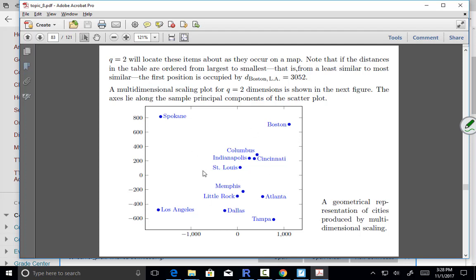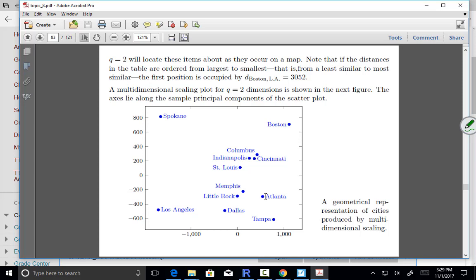If you look at the picture, it looks an awful lot like the U.S. map. Boston is in the northeast, Spokane, Washington is in the northwest, LA is southwest, and so on. But this was not determined or mapped by longitude and latitude. There was no map behind the scenes to create this picture.